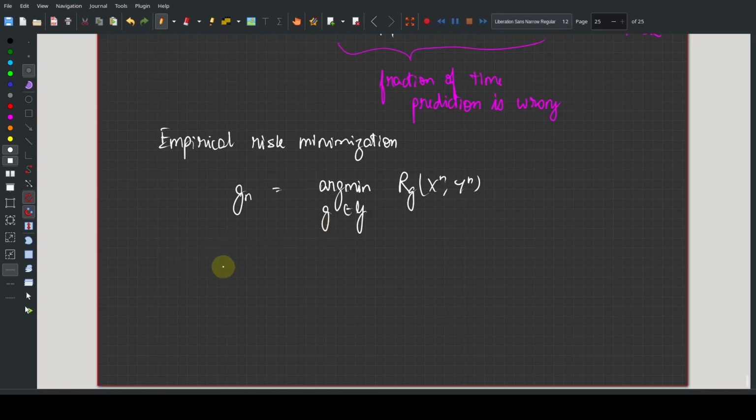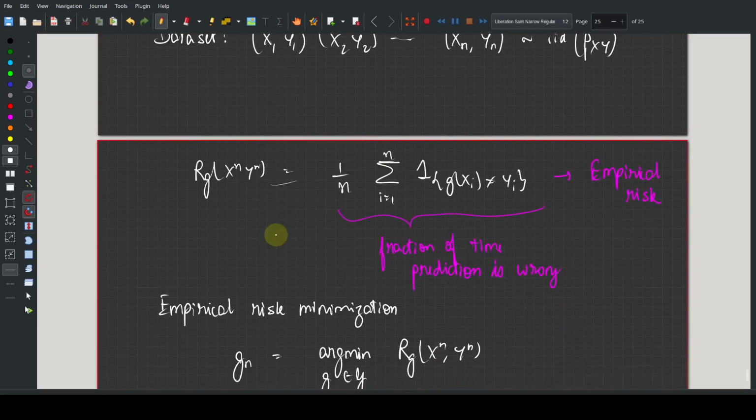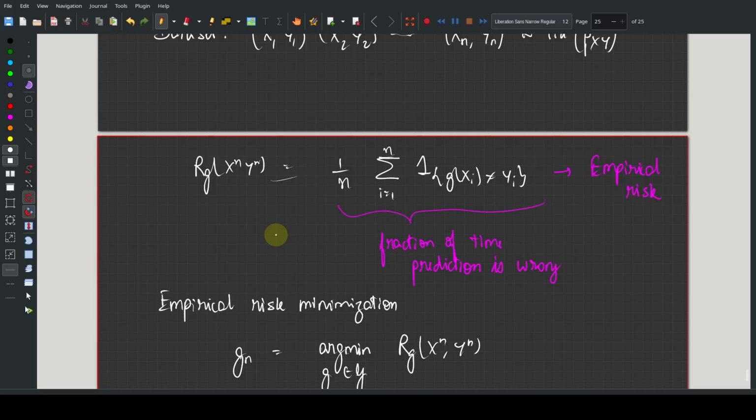So let me look at R of Gn. Let me use a slightly different notation for this.